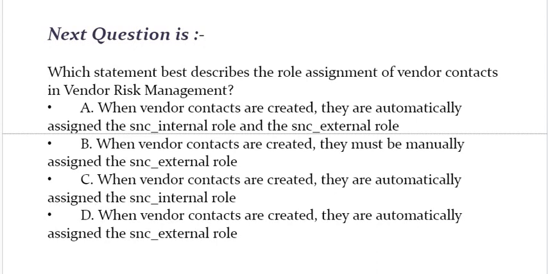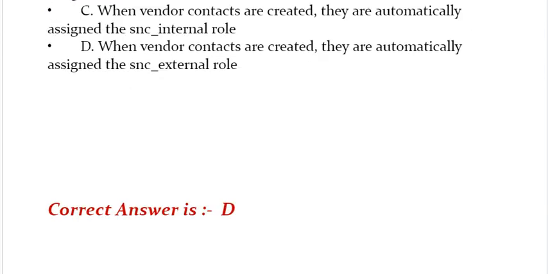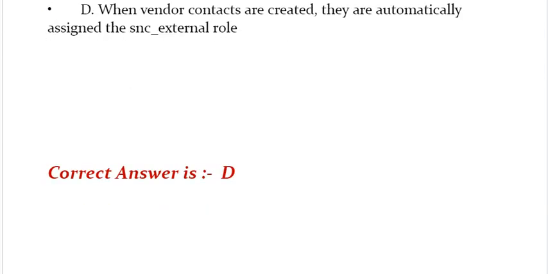Option C. When vendor contacts are created, they are automatically assigned the SNC_internal role. Option D. When vendor contacts are created, they are automatically assigned the SNC_external role. Correct answer is option D.